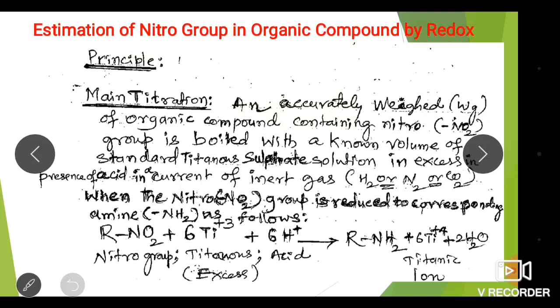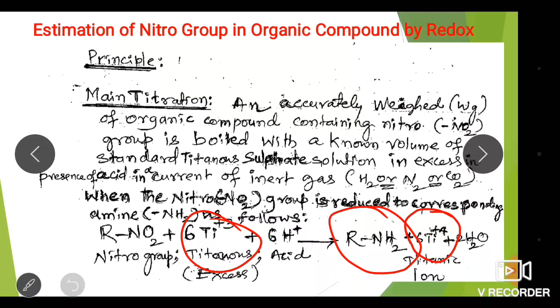See, RNO2 reacts with titanium sulfate, that is 6 Ti3+ plus 6H+, and gets converted into amine in acidic medium. The nitro group is reduced and titanium is oxidized to the plus 4 state: RNH2 plus 6 Ti4+ plus 2H2O.